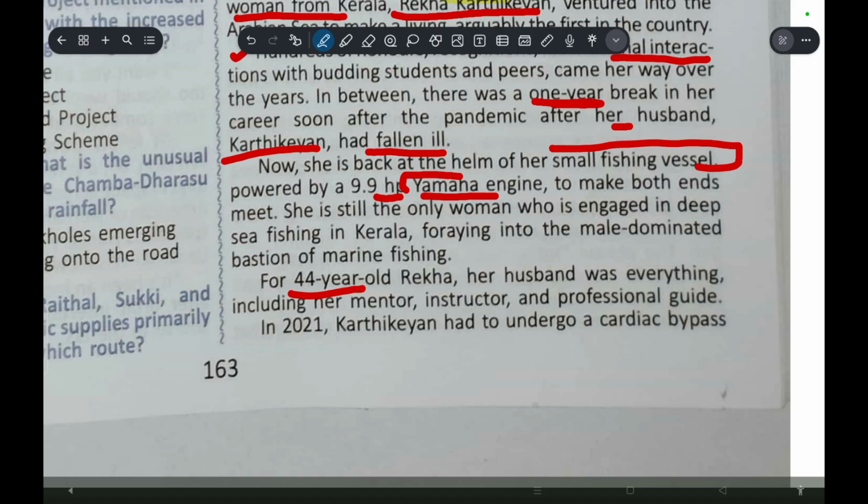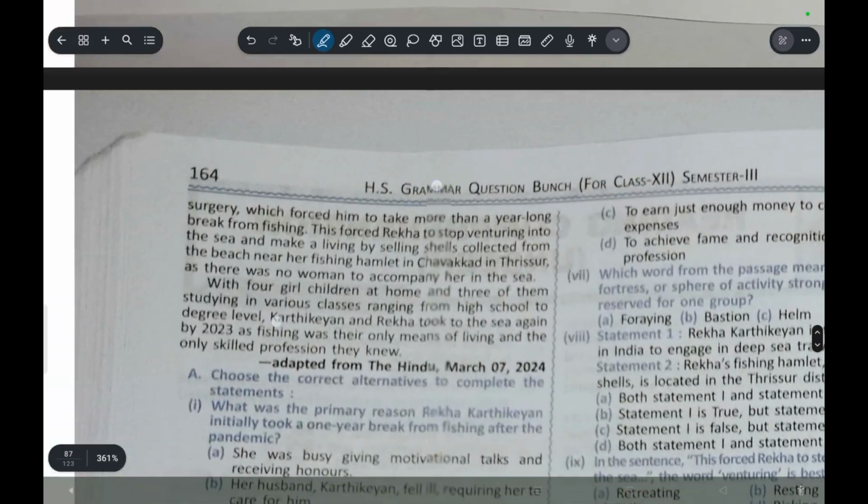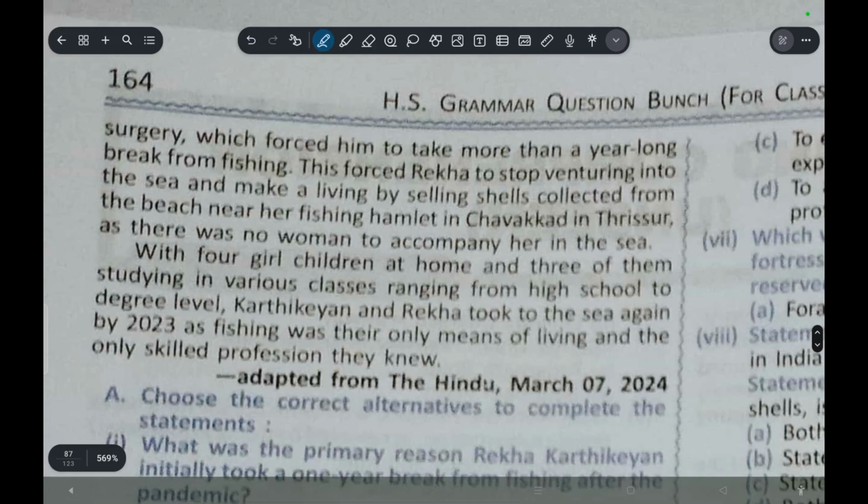Everything, including her mentor, instructor, and professional guide. In 2021, Karthikeyan had to undergo a cardiac bypass surgery, which forced him to take more than a year break for fishing.